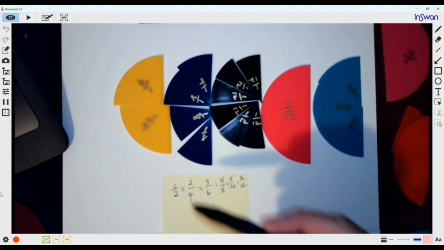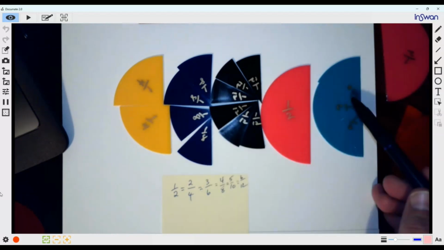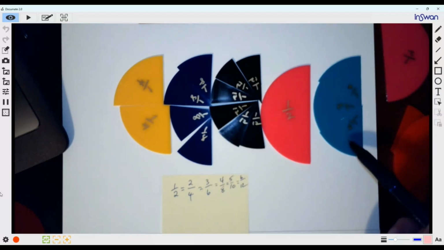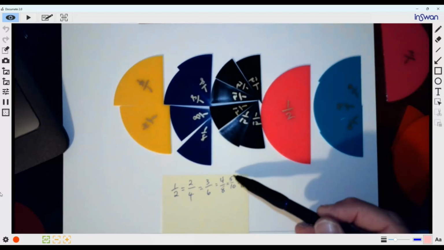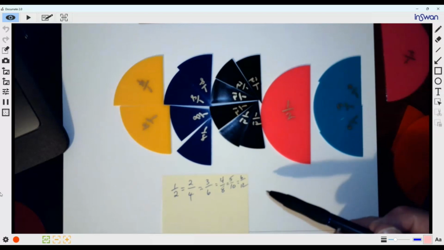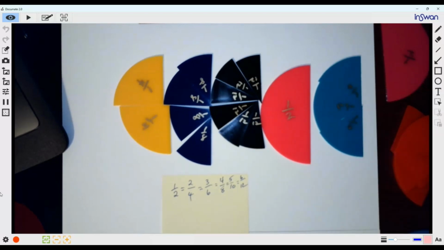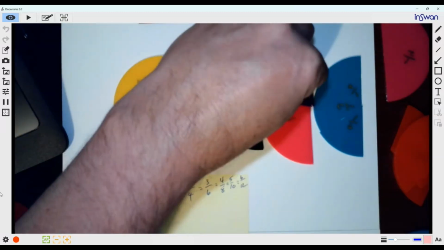Okay. So 1/2 is the same as 2/4, which is the same as 3/6, which is the same as 4/8, which is the same as 5/10. I don't have any tenths pieces, so I can't do, or do I? Yeah, I do. I'll be darned. Here are tenths. Let's see.